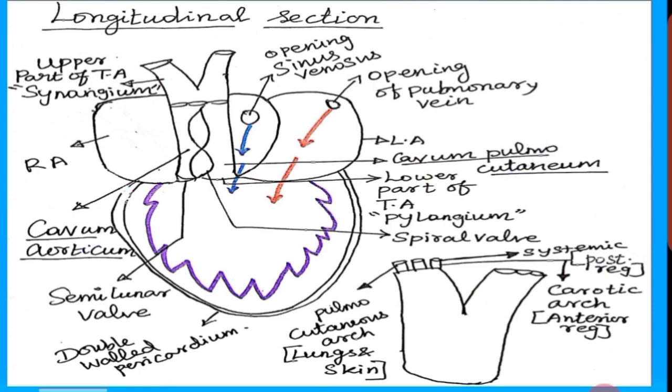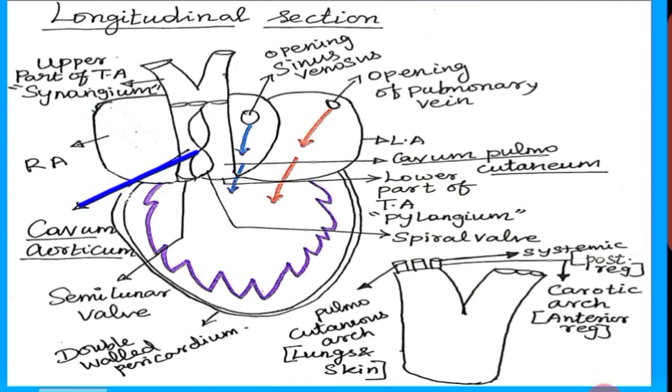Once again I repeat, truncus arteriosus, upper part is named as synangium, lower part is named as phalangium. Phalangium consists of spiral wall. Due to the presence of spiral wall, that phalangium has two divisions.